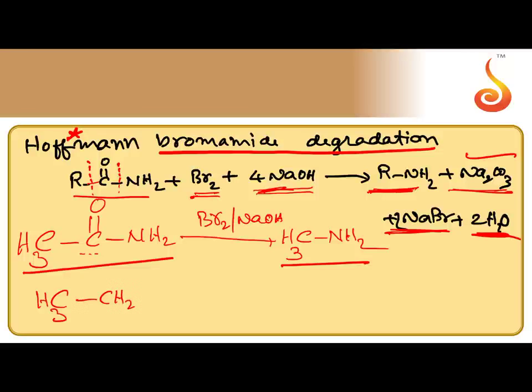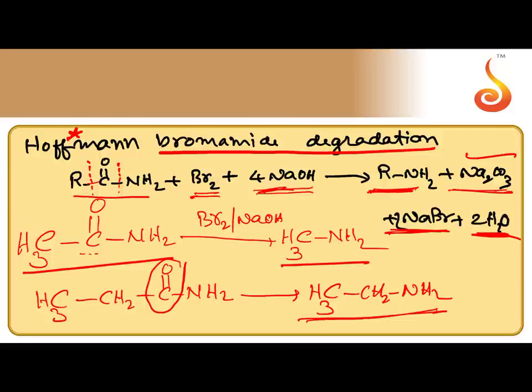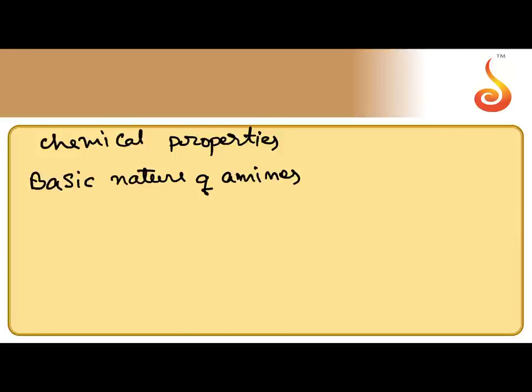If you take propanamide, you remove this CO and write the amine, CH3, CH2, NH2. Amine with 2 carbons obtained from amide with 3 carbons.